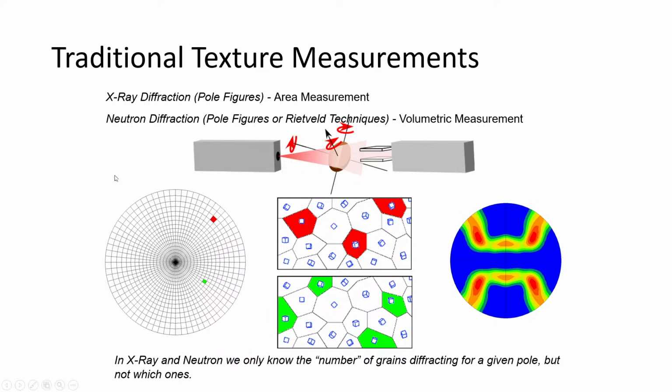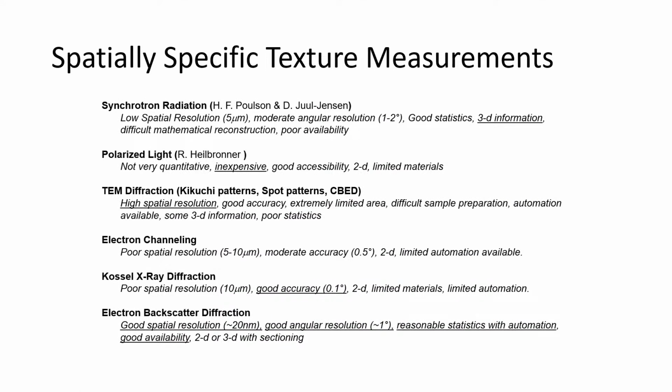And you rotate around to all these different positions and say, okay, these 3 red grains contribute to this spot, and these 4 green grains contribute to this spot. And you do that for the entire space of a stereographic projection, which I think is coming next that you hear about. And you come up with a texture plot, or a pole plot we call them, or a pole figure.